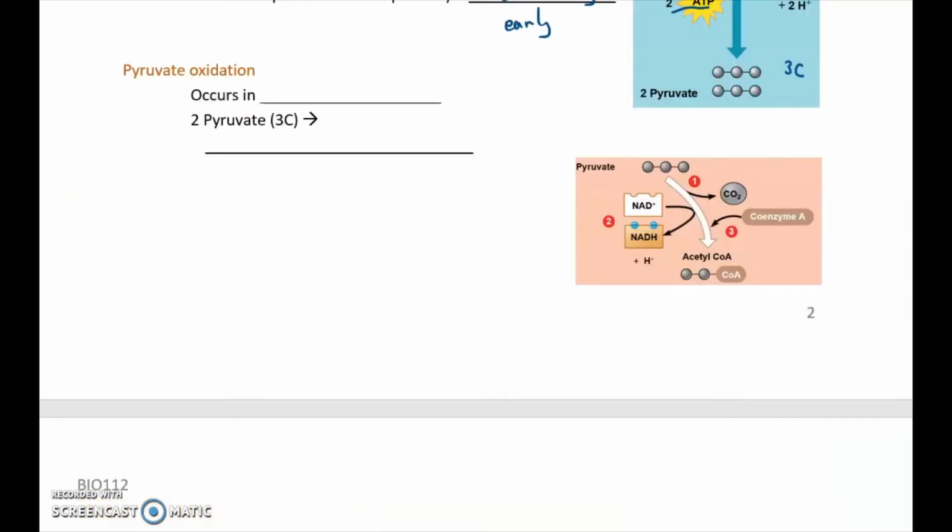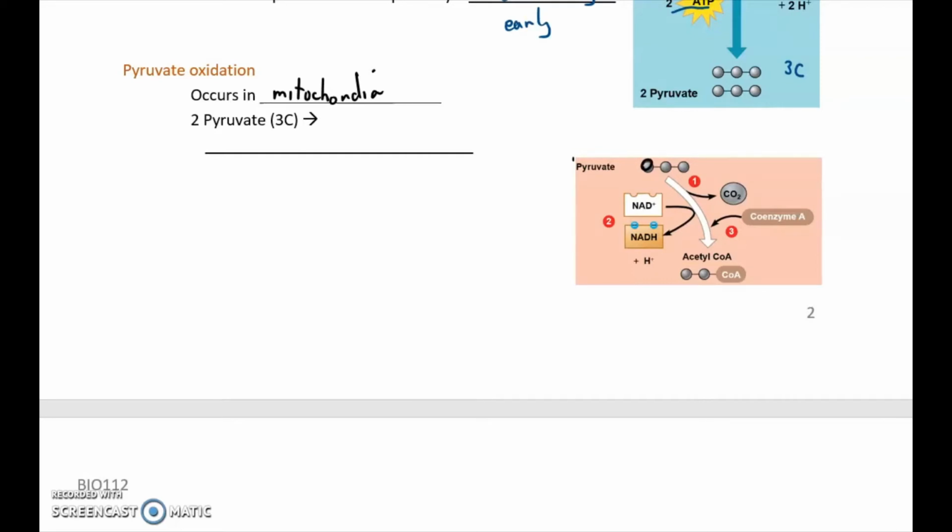So now we've made pyruvate. What happens to it? The pyruvate is then oxidized. First, it's transported into the mitochondria. So the pyruvate oxidation is going to occur in the mitochondria. This is our little diagram of it.